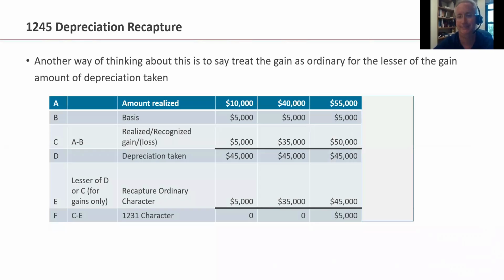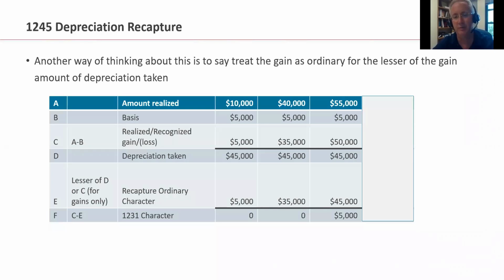Another iteration. So now Lola's able to sell that asset for $55,000. Okay, wait a second. She only bought it for $50,000. She shouldn't have taken any depreciation at all. And on top of that, it went up in value. All the same, her basis is $5,000. She followed the rules. She just put it through the table, and that's what she got.